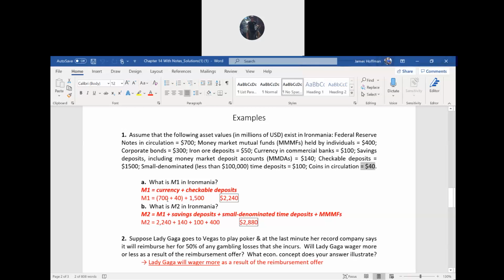That's also part of currency. So if you add the notes plus the coins, that gives you the total currency. And then also add checkable deposits, which is 1,500. So M1 is 700 for the notes, 40 for the coins, and then 1,500 for checkable deposits, which gives us 2,240, and that's in millions.